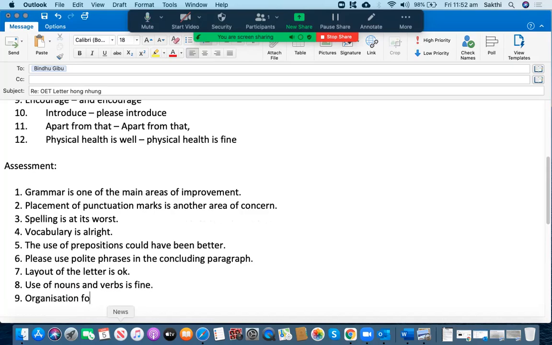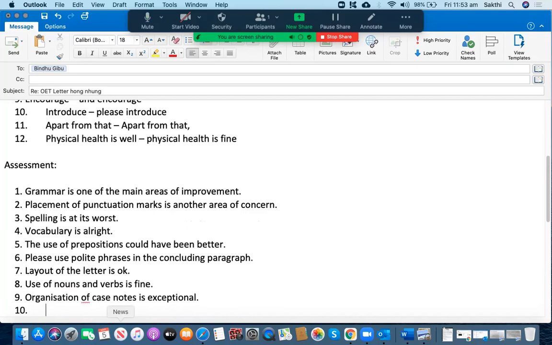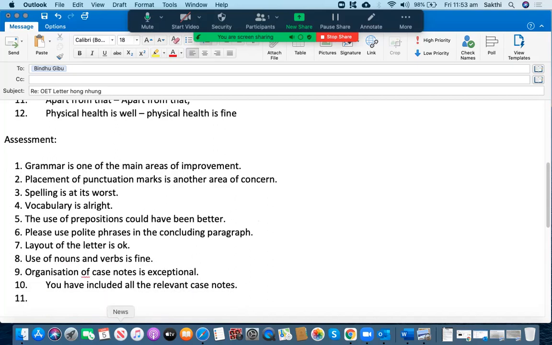Organization of case notes is exceptional. So you were able to organize the case notes in a well structured manner. You have included all the relevant case notes, as I have already checked this one. Overall task fulfillment is okay.